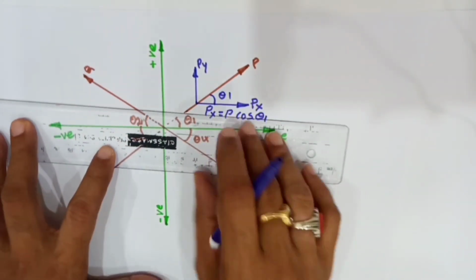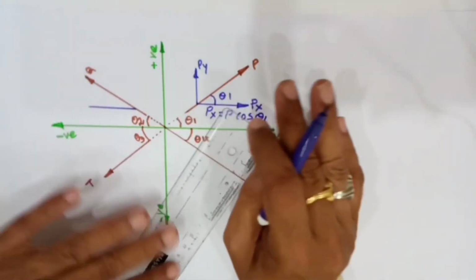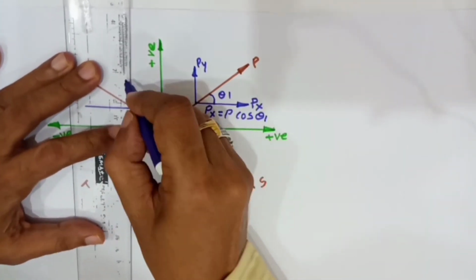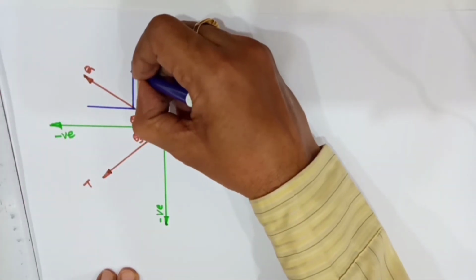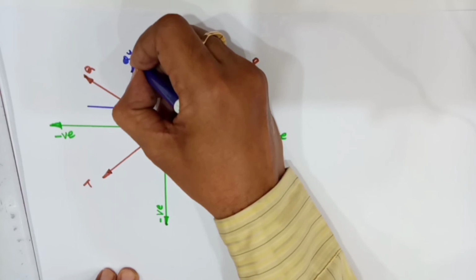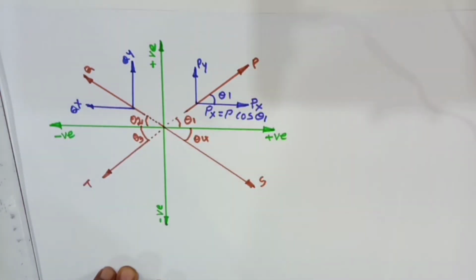For Q, this is the vertical component Qy and this is the horizontal component Qx.